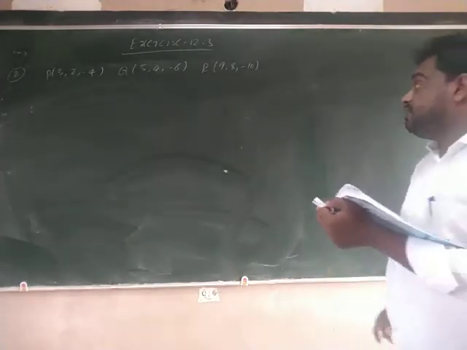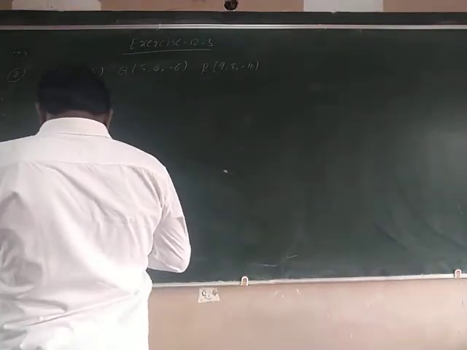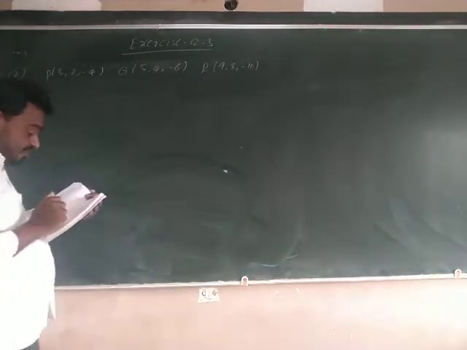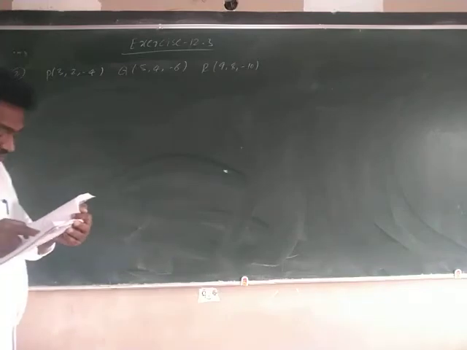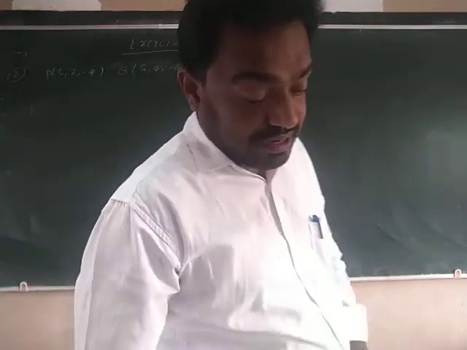What are we finding here? We need to prove these are collinear, and find the ratio in which Q divides PR.